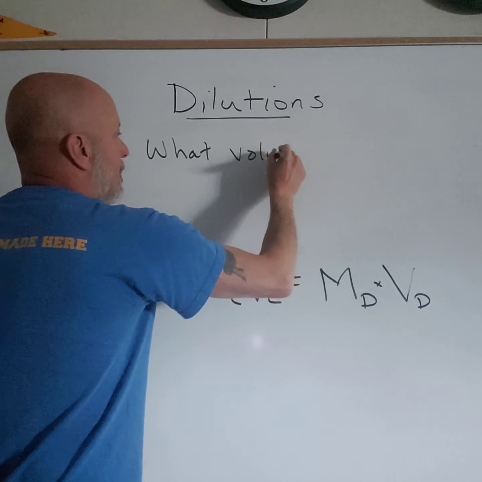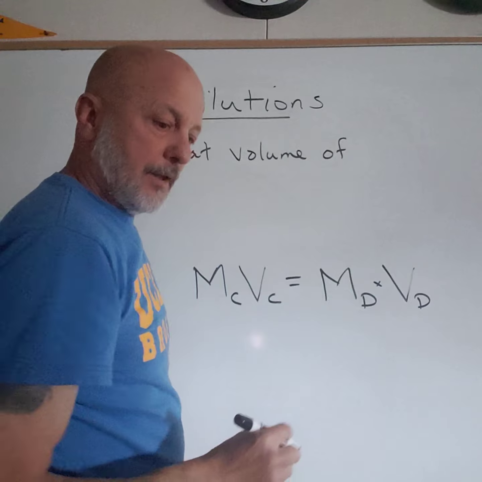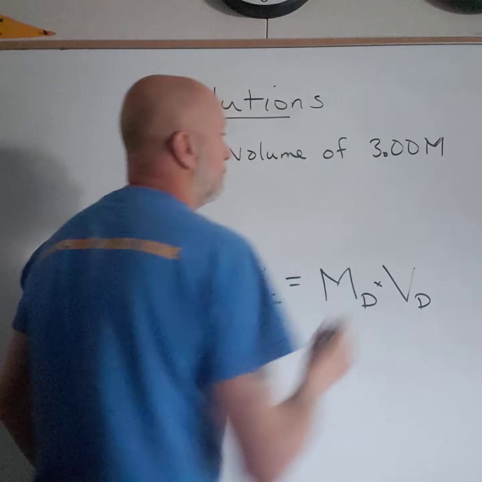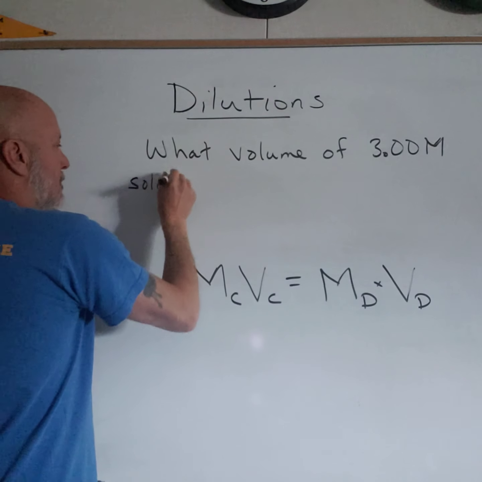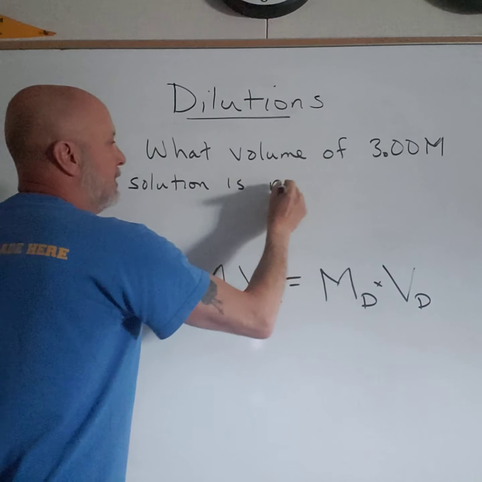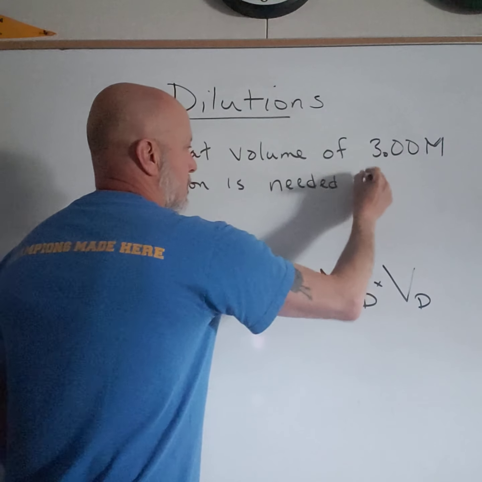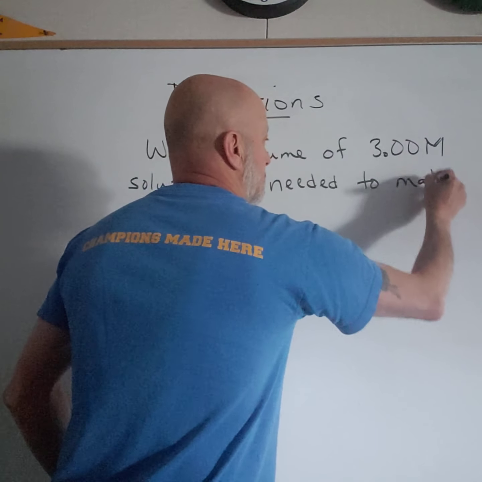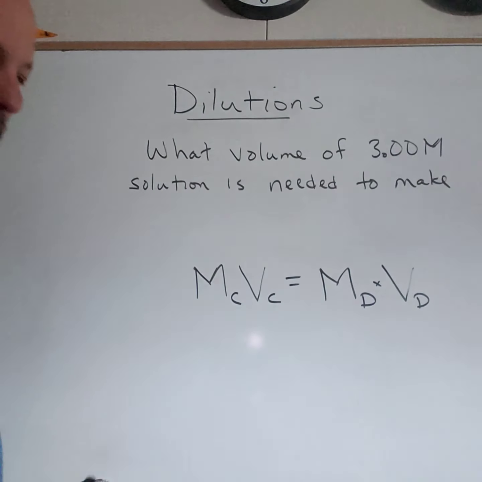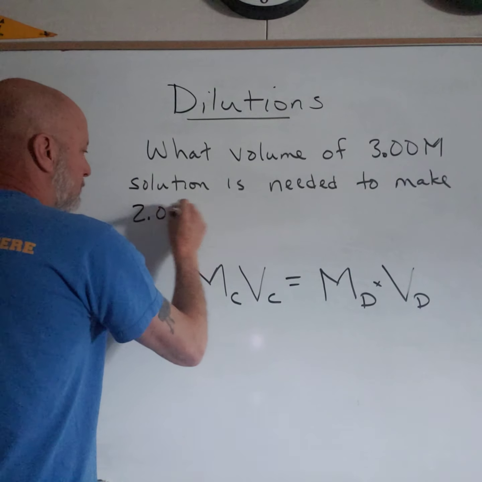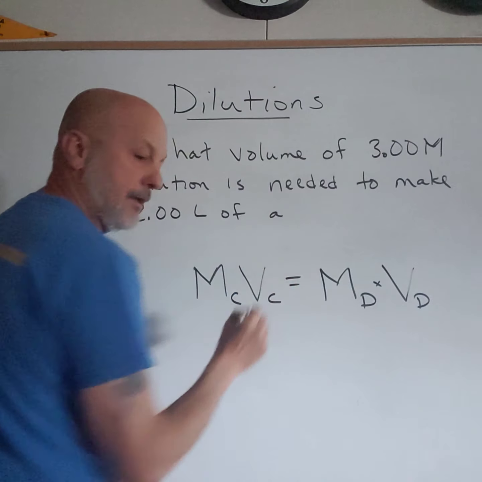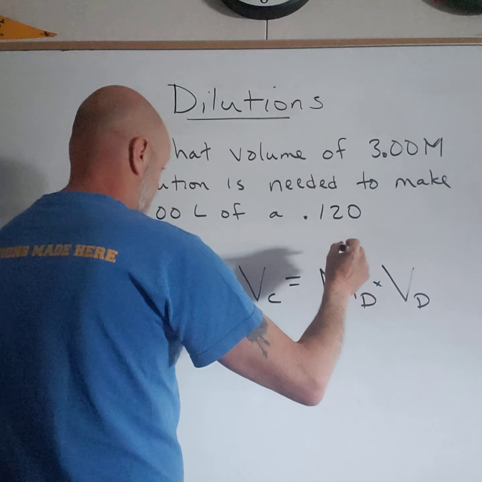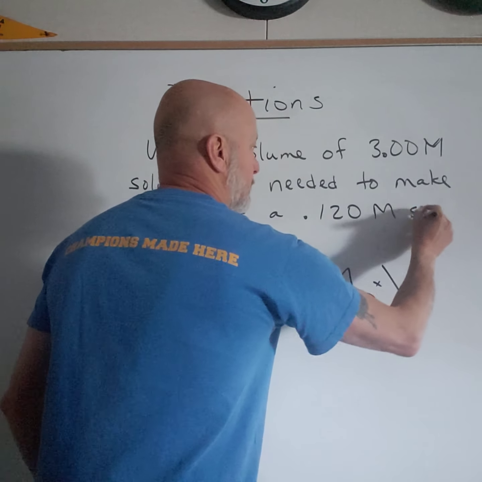What volume of 3.00 molar, or moles per liter, solution is needed to make 2.00 liters of a 0.120 molar solution.